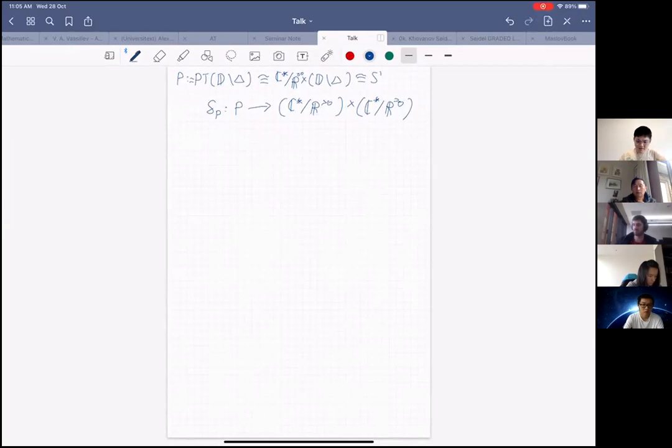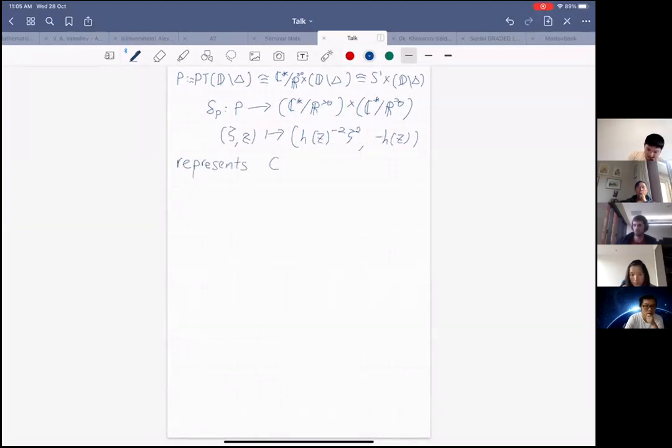Yeah. Okay, so this is like an S1 cross D as well. Okay, let's consider this map here. I claim that this map is actually representing the C. What it means is it gives the same result as what C gave.